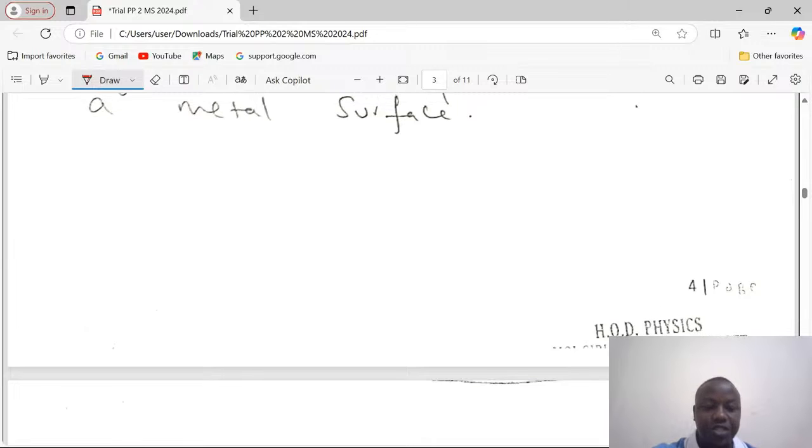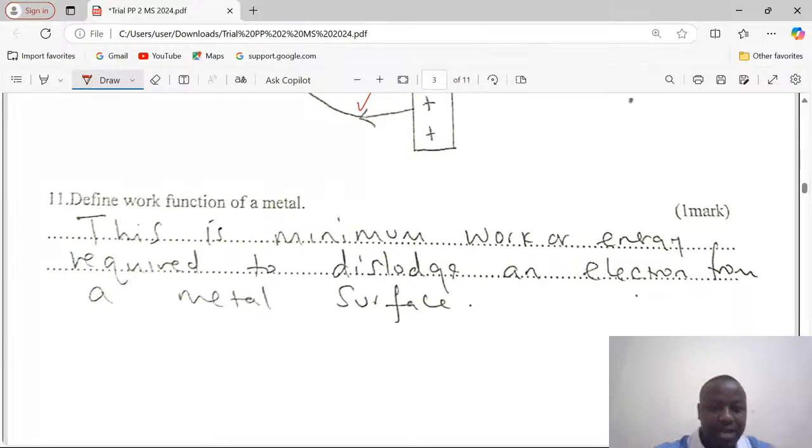We got a number 11 here. Define work function of a metal.